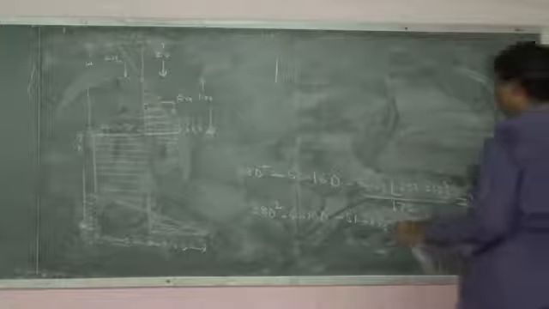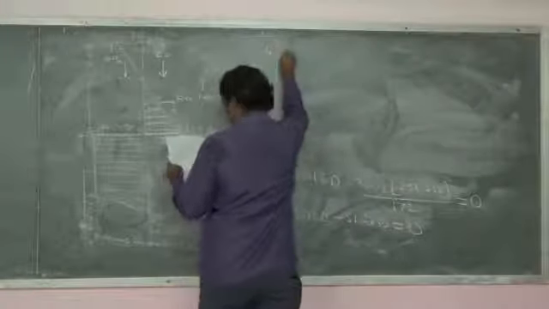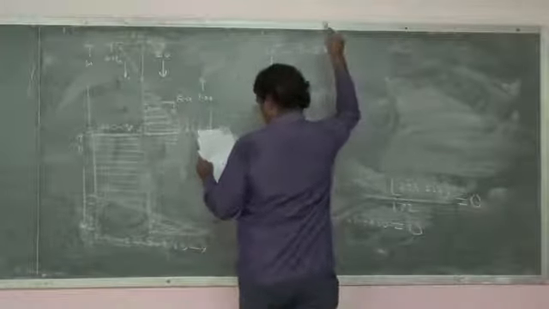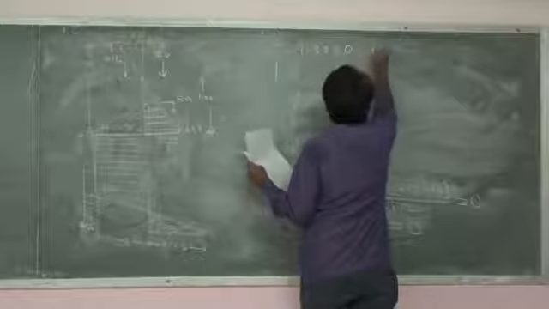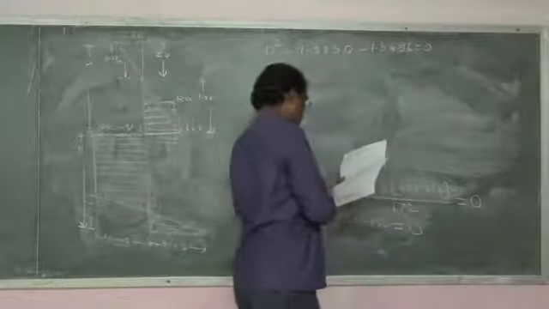So now, if you divide by 38, you will get d square minus 1.583d minus 1.3496 equal to 0. Remember, this is a quadratic equation.